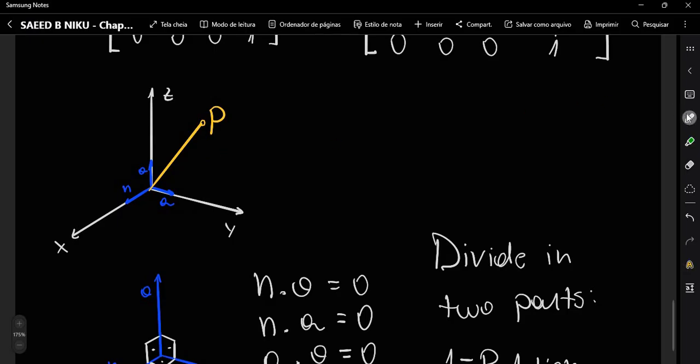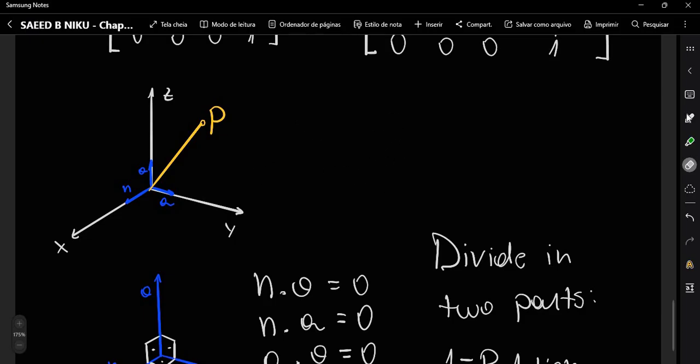We don't have coordinates for the axis y, we don't have coordinates for the axis z, we don't have coordinates for the axis x. So we can represent p this way, and we do not have coordinates px, py, pz, so we don't have a vector.